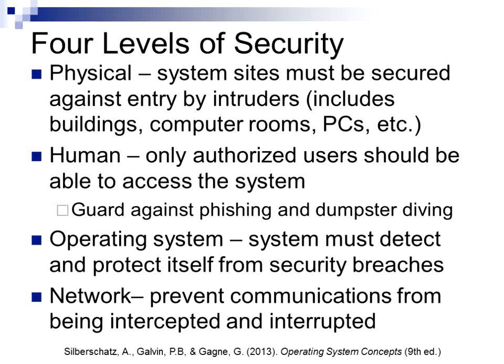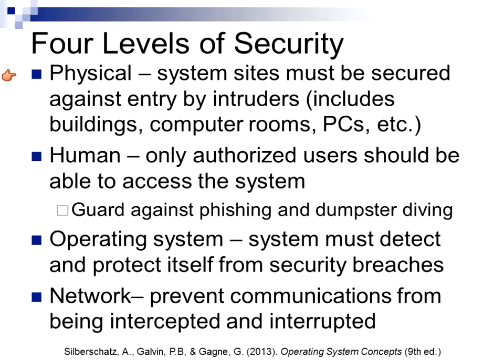Okay, so we want to try to protect our system from different kinds of attacks. And we have 4 different levels of security. The first level is the physical level. The actual site where the systems are located must be secured against entry by intruders. So here we would be securing our actual buildings.